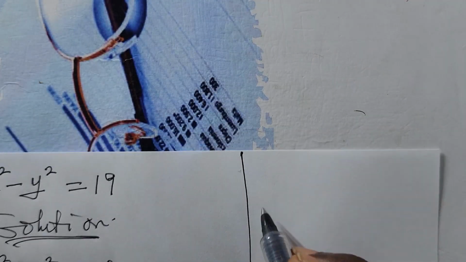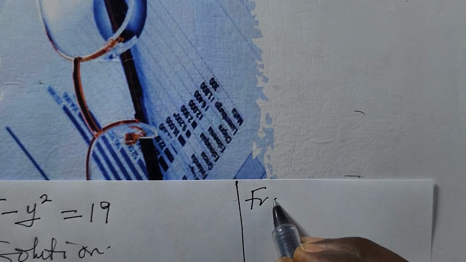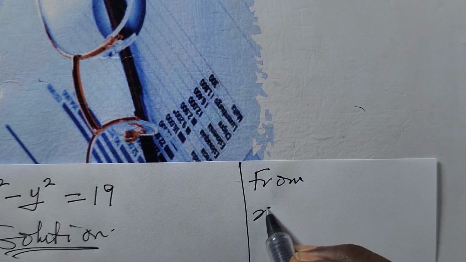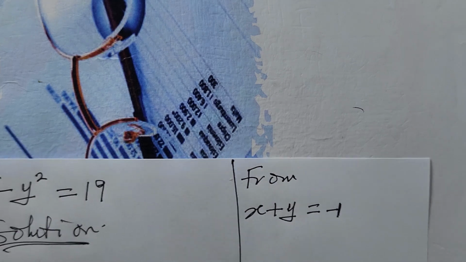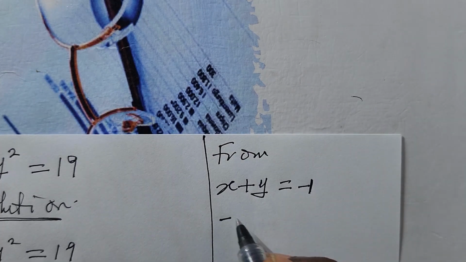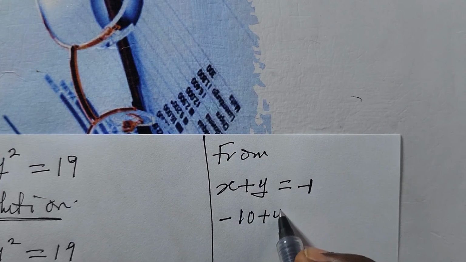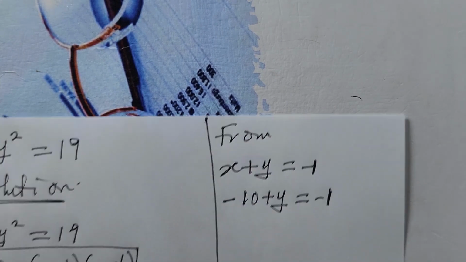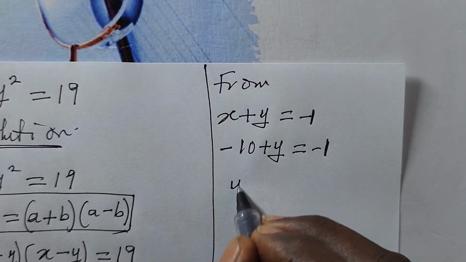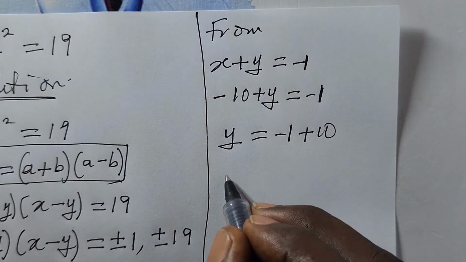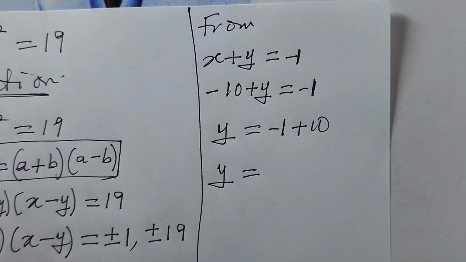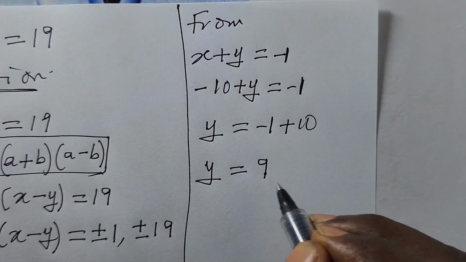So we have minus 10 plus y equal to minus 1. So we now have y equal to minus 1 plus 10. If we carry out this simple arithmetic, it's going to give us plus 9.